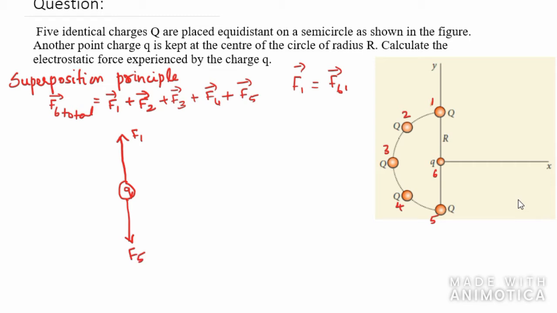This is F3, and like this F4. And this is F2. The angle here is 45 degrees. All are at the same angle.